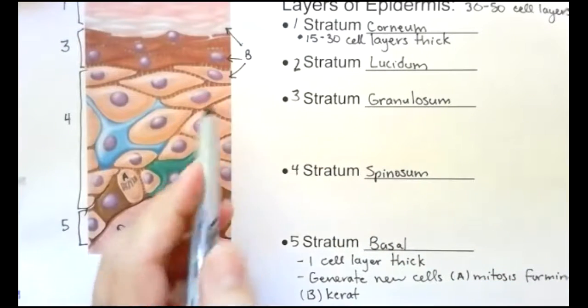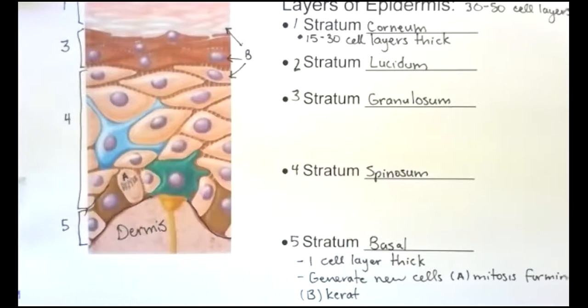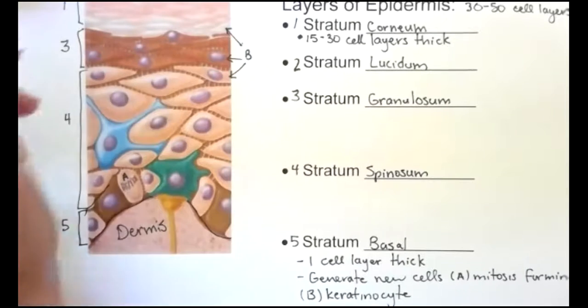All right, so these are actually all the same kind of cell. They're called a keratinocyte. From our med terms, we know that cyte means cell. Keratin is a tough protein, and almost all of the epidermis is made of this protein called keratin.